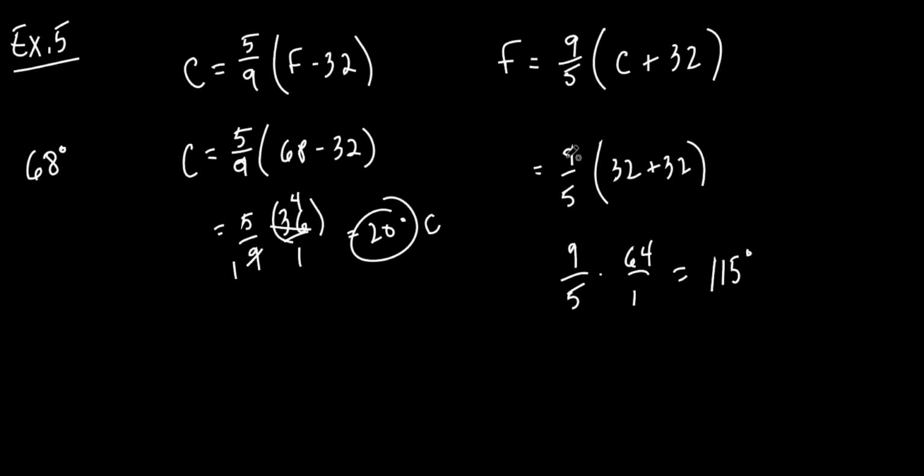Or we could do this. What's 9/5 pretty close to? An easy number that's pretty close. 10/5, right? Which would be 2. So if I add these up, I get 64, and if I double that, that's 128.